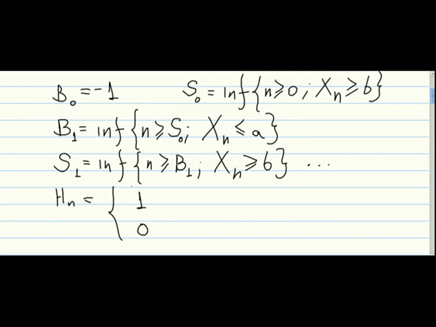We are buying all of X or none of X, and we buy when Bi is smaller or equal than n, smaller or equal than some Si for some i. And 0 otherwise.